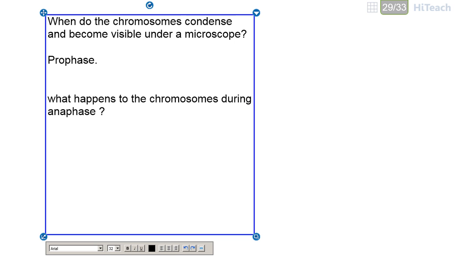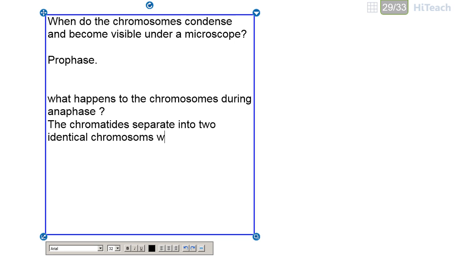Here the answer: the chromatids separate into two identical chromosomes, which move to opposite sides of the cell. Okay.